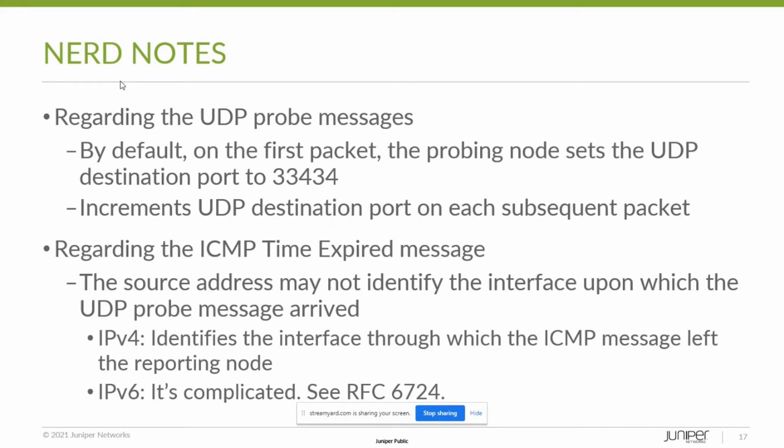No, it may not be. In IPv4, that source address is the interface through which the ICMP time expired message left the reporting node. In IPv6, it's complicated. It might be that, it might be something more informative. See RFC 6724 for details.